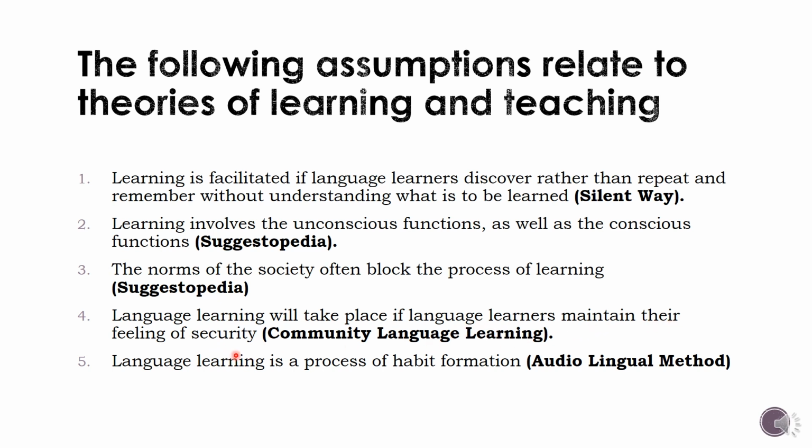If the learners feel that it's okay, there is face saving, there is no humiliation, so one learner can learn freely, and that particular learner can learn language in a better way. And under the Audiolingual Method, language learning is a process of habit formation. That's what we say: through habit you can learn a language.